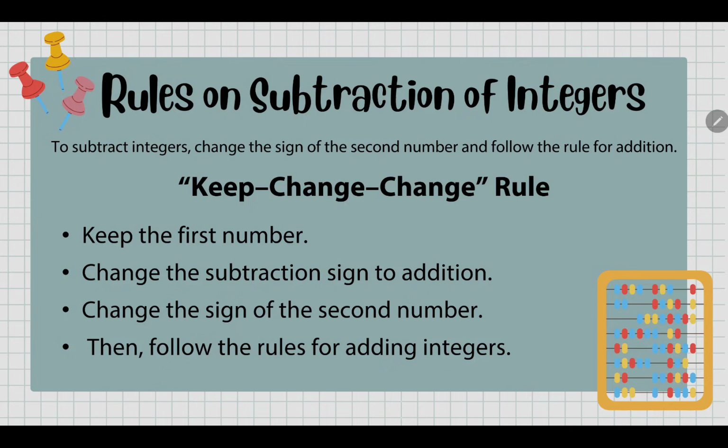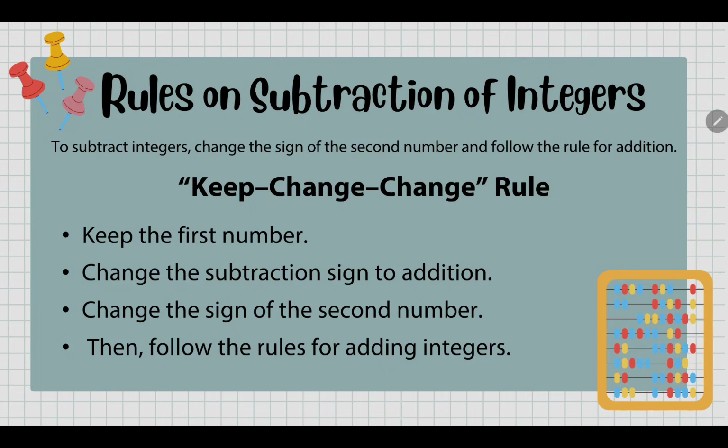So what we do is, this is also known as the keep change rule. And here are the steps that you can follow to keep in mind on how to do it. First, keep the first number exactly as it is.